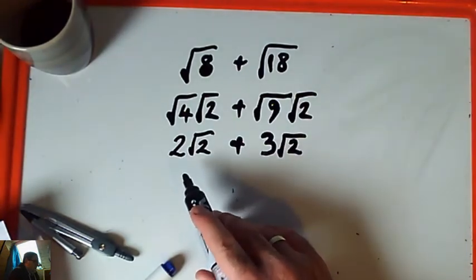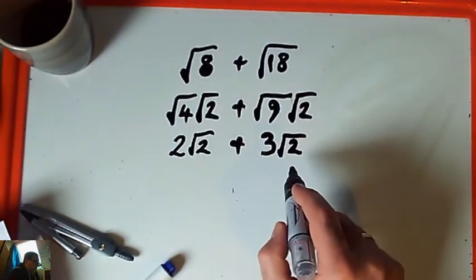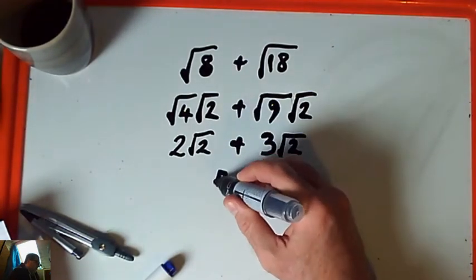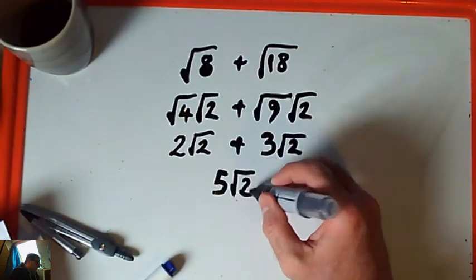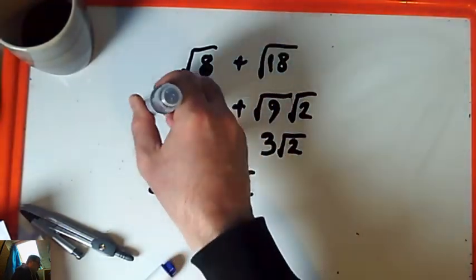So you've got 2 times the square root of 2 plus another 3 times the square root of 2 makes 5 times the square root of 2 altogether.